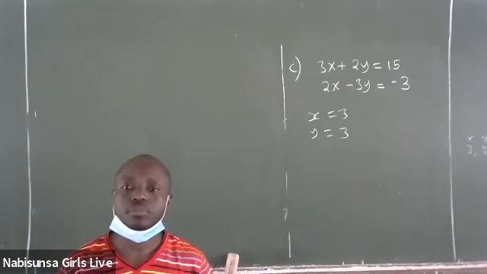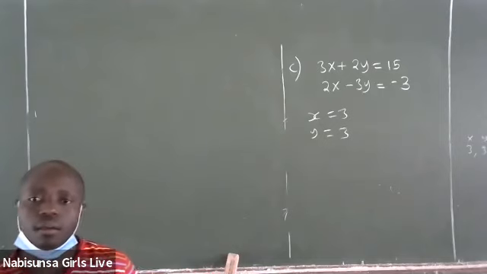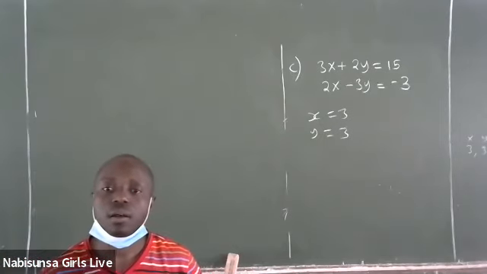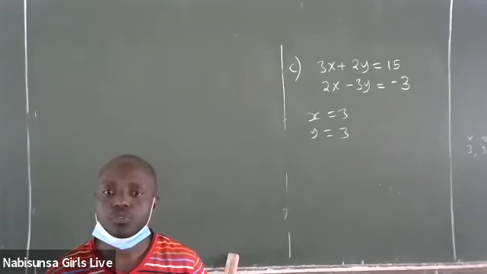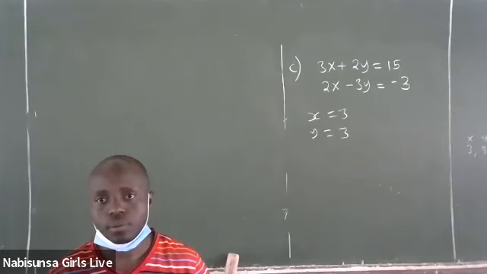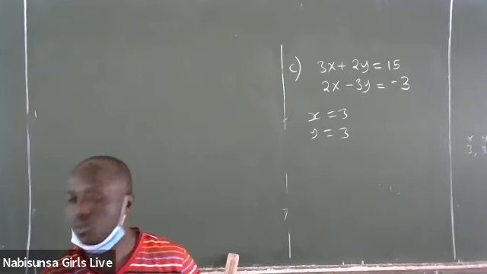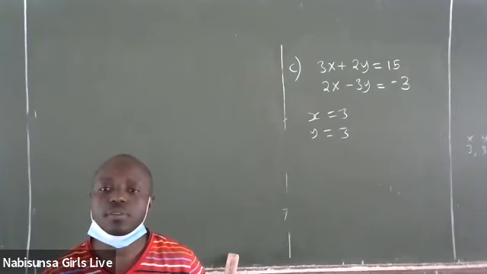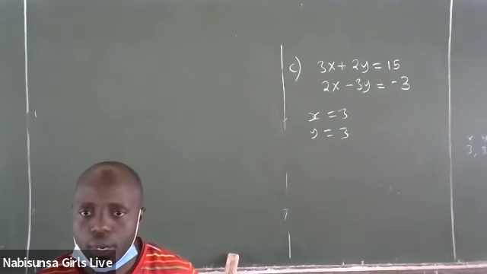Wendy? Teacher, my Y is 3 and my X is also 3. Ada, you got X3 and Y3? Yes. Okay. Penny, now come back and talk to me.